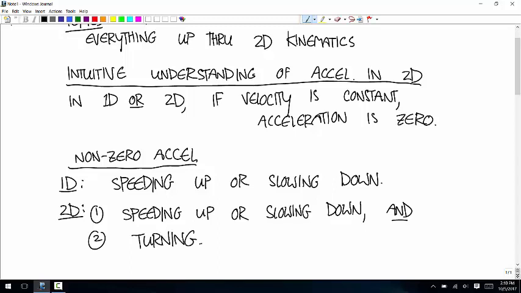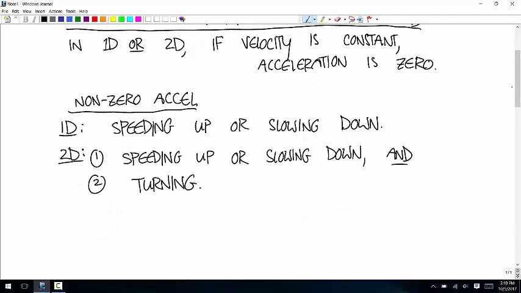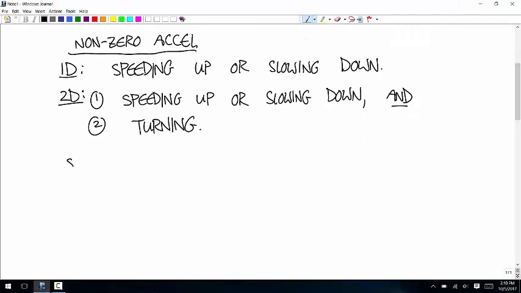And now that acceleration means two things, you need to be a lot more disciplined in how you try to imagine what acceleration is. So let me give you a set of steps for visualizing the direction of acceleration.